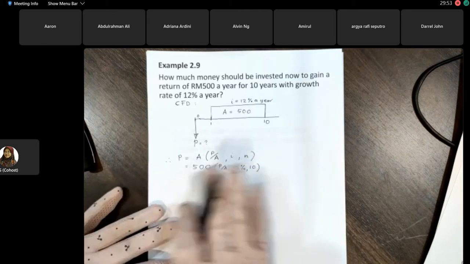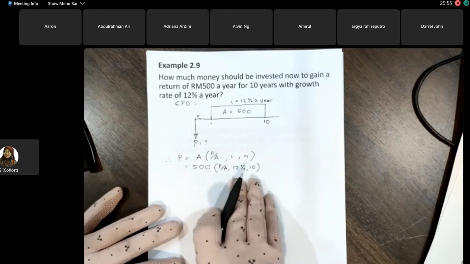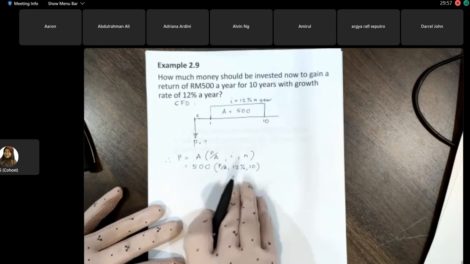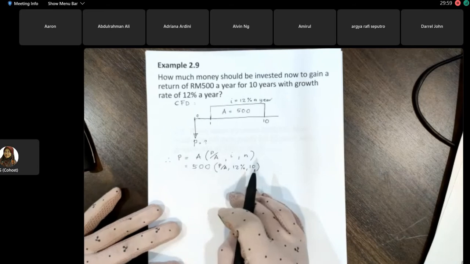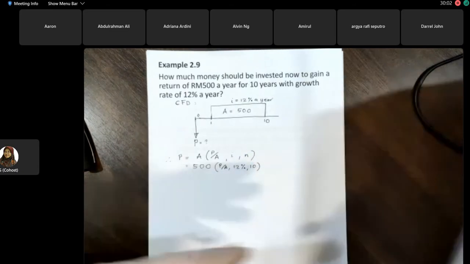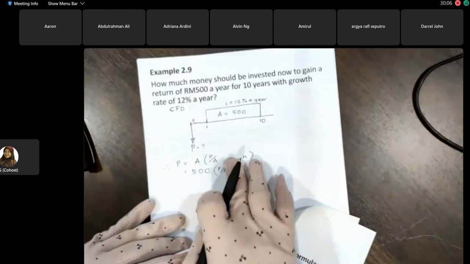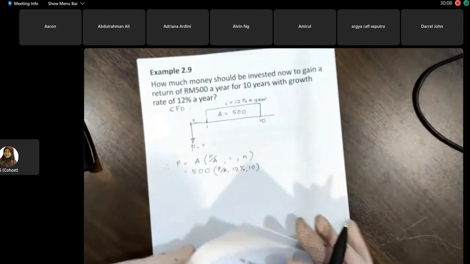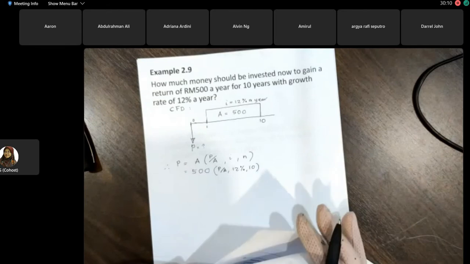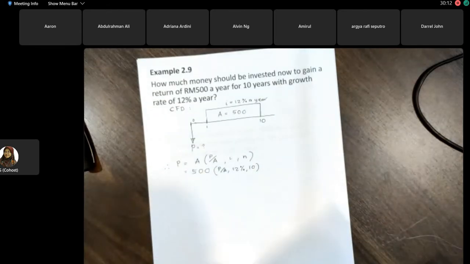Okay, let's say I want to use my table. So I will take my table by looking at the percent, 12%. So I find the 12%.